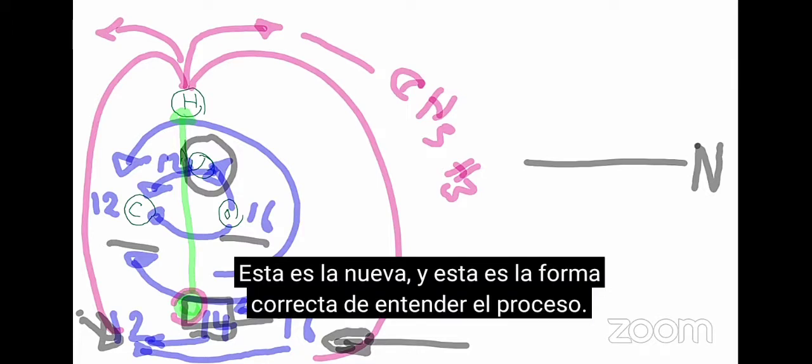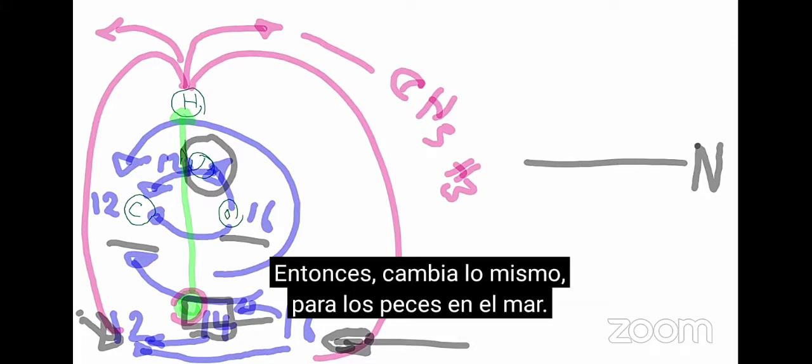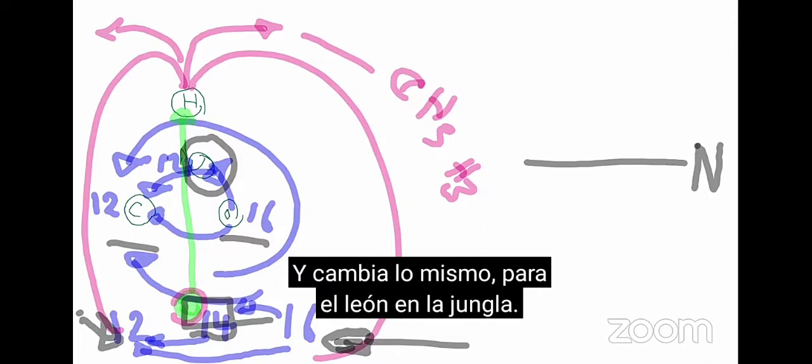This is the new, and this is the correct way to understand the process. Then it changes the same for the fish in the sea, and the same thing for the lion in the jungles.